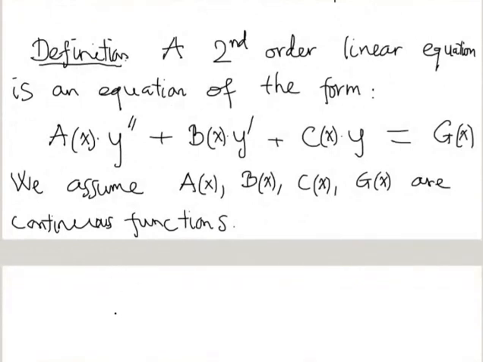But this is just a technical condition for the theory. In practice, we usually have these conditions, so we are not really concerned much about them. We also assume that a(x) is different from 0. We don't want the coefficient of y double prime to be 0 somewhere.